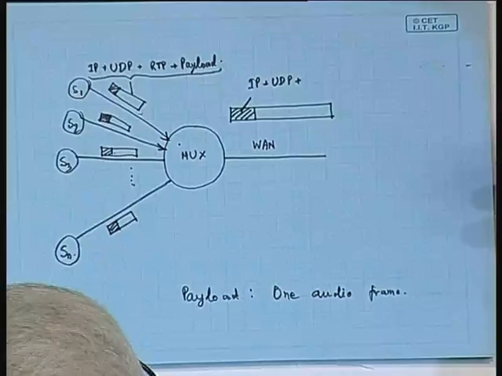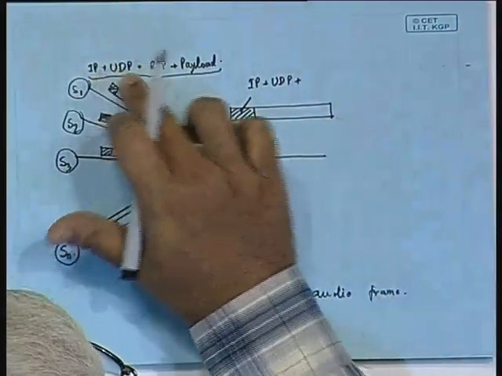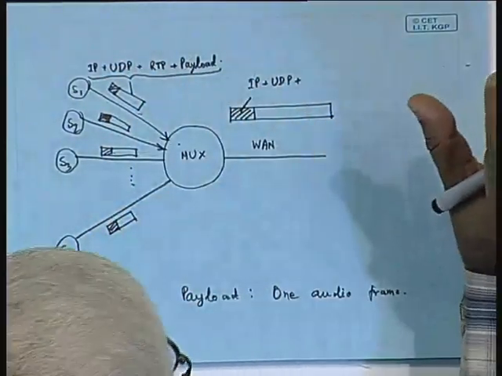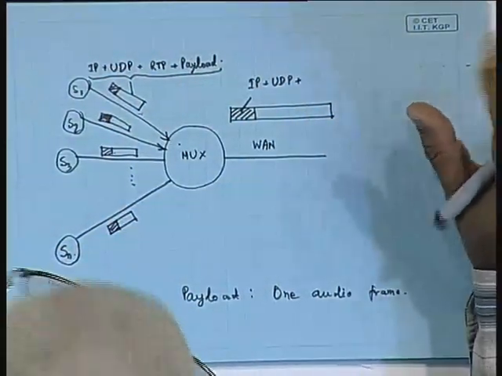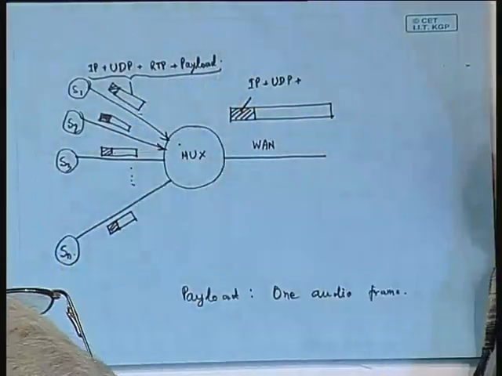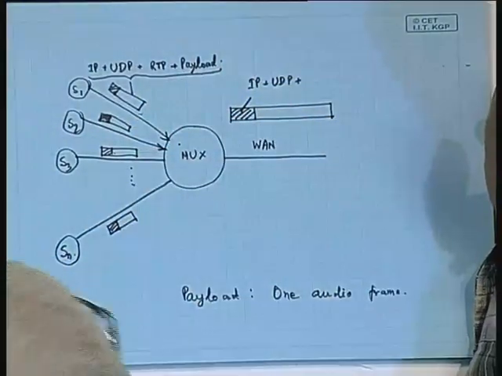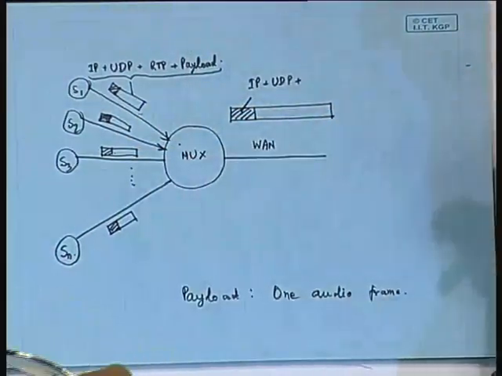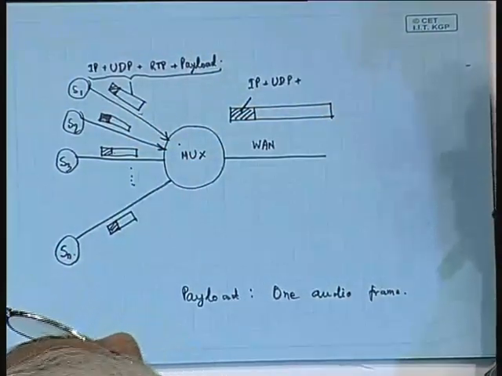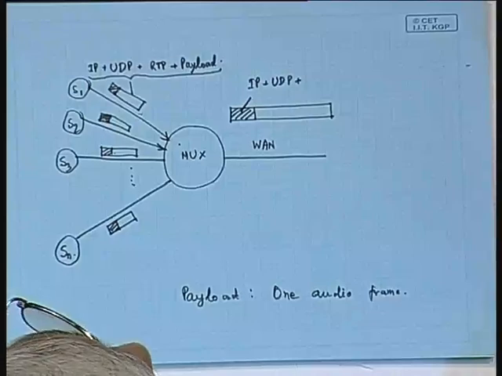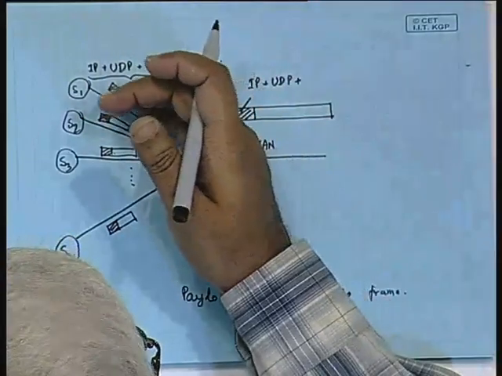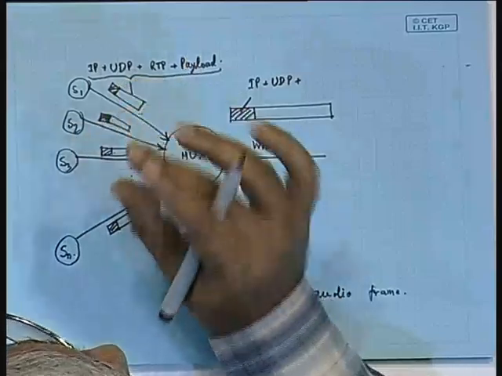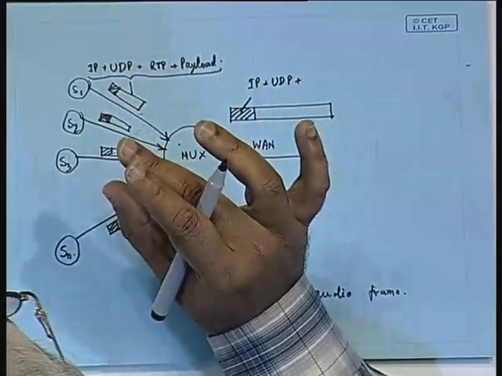But even in the combined bit stream, although the IP and UDP headers for individual streams will no longer be needed, still whenever it is multiplexing the different streams, corresponding to the individual streams there must be some header, because when it is multiplexing it must identify whether it is coming from source S1 or whether it is coming from source S2, at least some amount of information should be there.